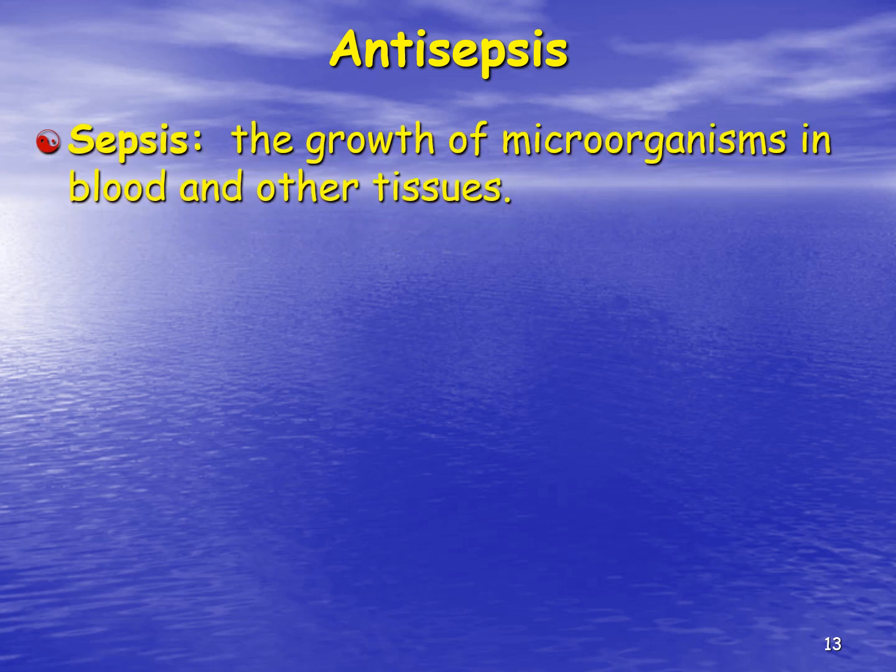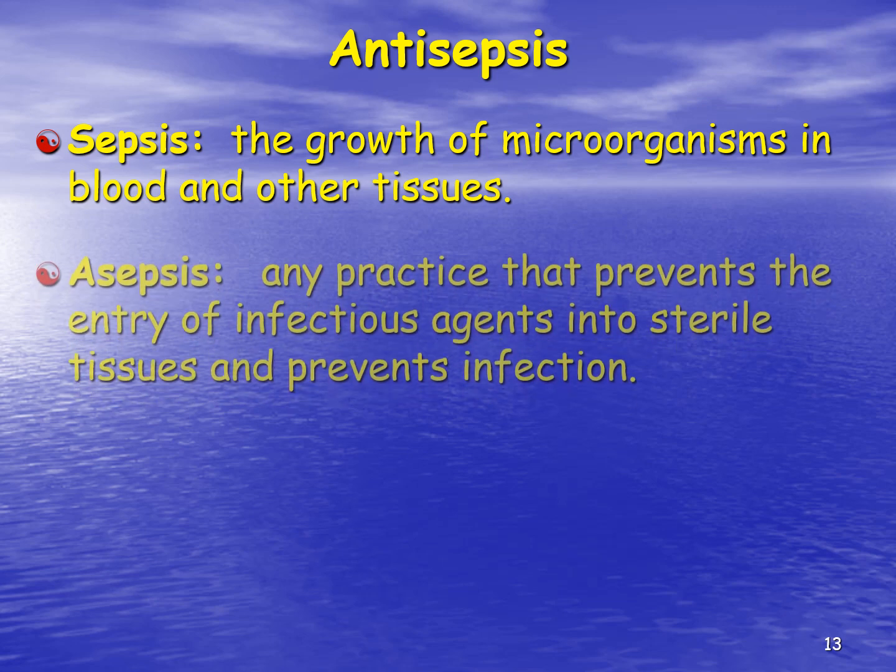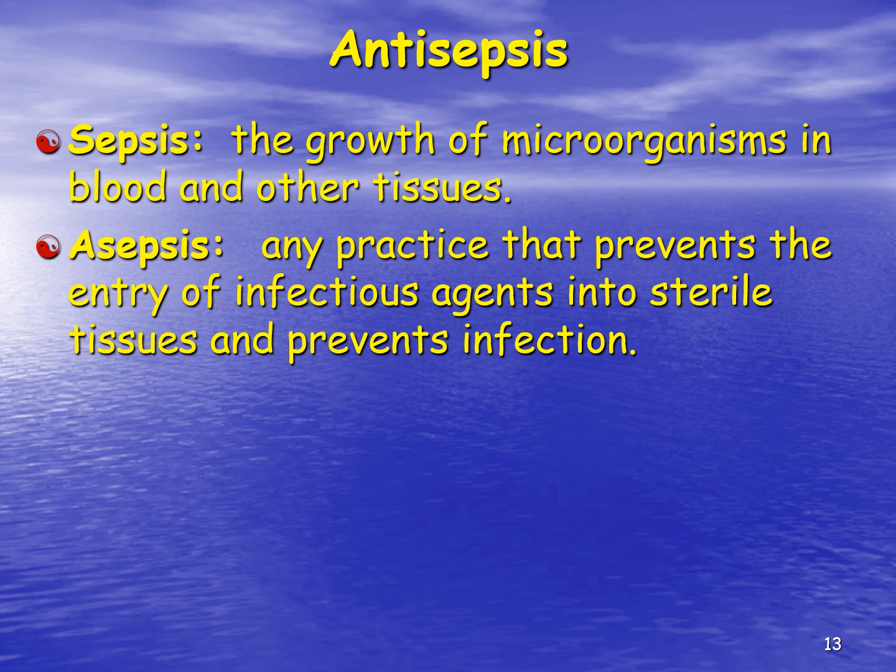Antisepsis: the term sepsis literally means the growth of microorganisms in the blood or other tissues. And so if we say a patient is septic, we mean that they have a widespread systemic microbial growth throughout the entire body. Whereas asepsis is any practice that prevents the entry of infectious agents into sterile tissues and prevents infection.